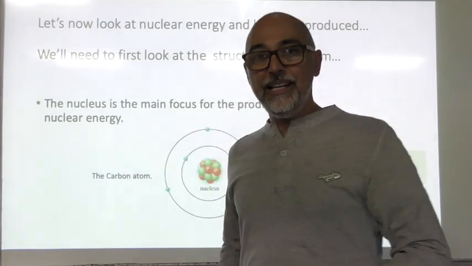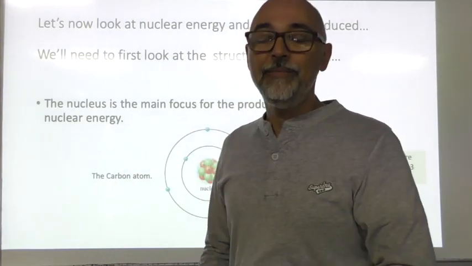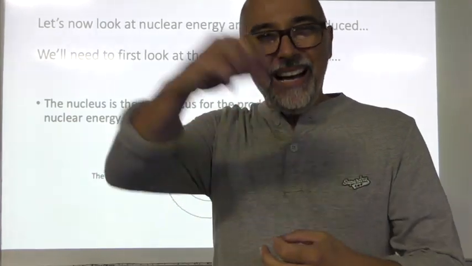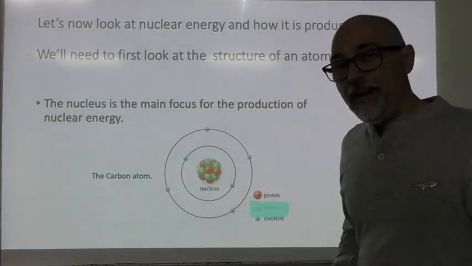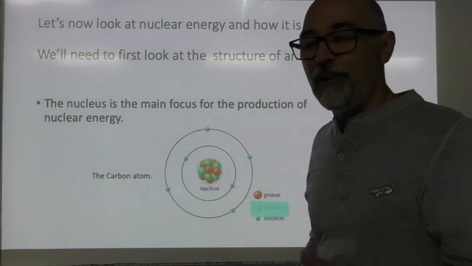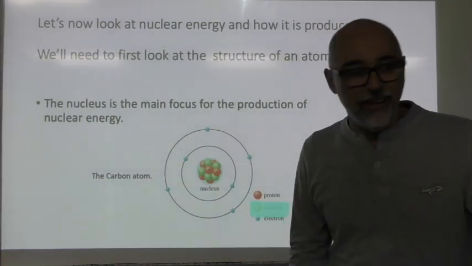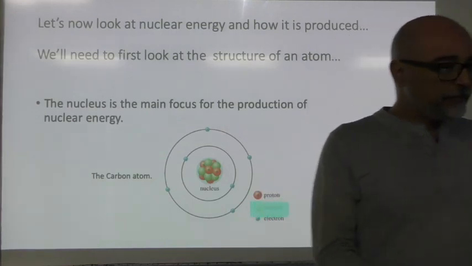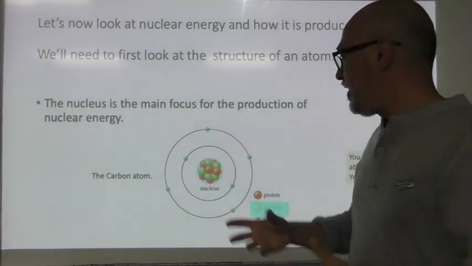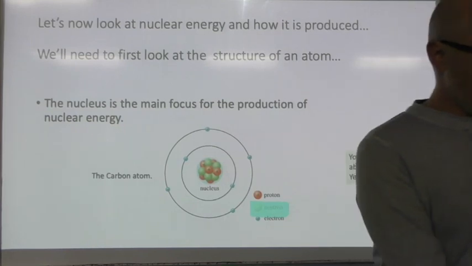And when it does that, it releases energy, okay? So it releases energy and particles, okay? Those particles are high energy, and those particles are really, like I said, dangerous to human life, all right, or any kind of life, really. So that's where nuclear energy comes from, all right?